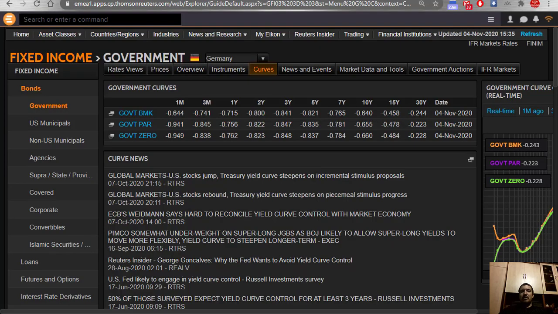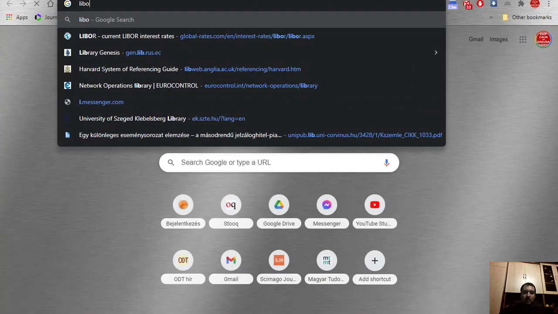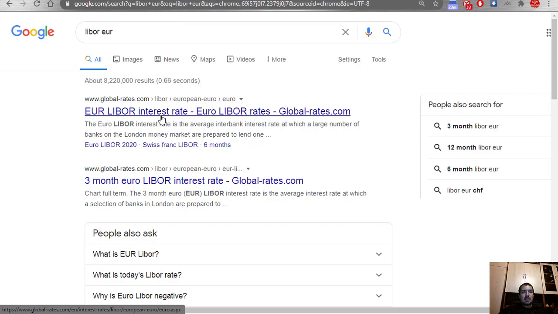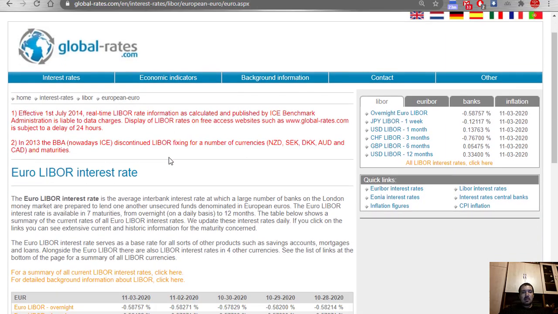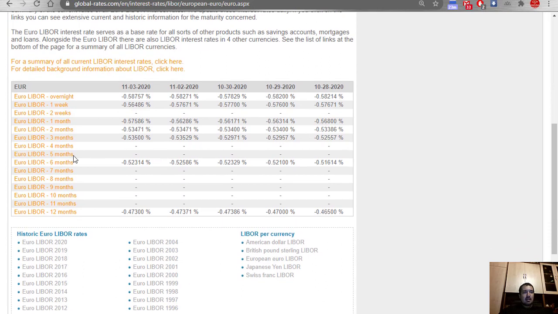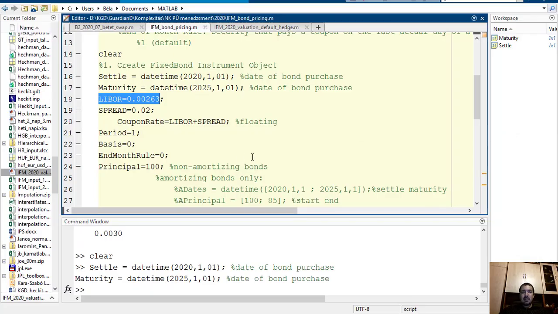If you want to be precise, Libor Euro, right now it will be a negative number, I think. So, well, it's a negative number. Do we want to deal with this? Yeah, let's deal with it. Let's see what is happening in this miserable situation.